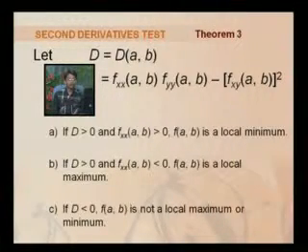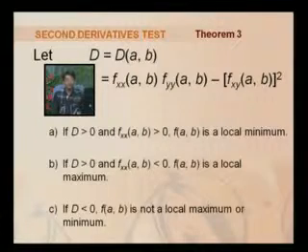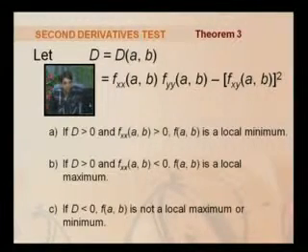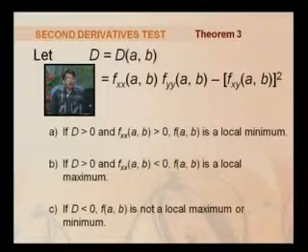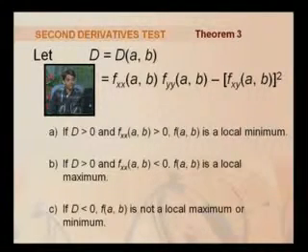The value of the function at the point (a, b) will be the local minimum value of the function. In the second case, if D is greater than 0 as in condition A, and fxx at the point (a, b) is less than 0, then the function has a local maximum at the point (a, b).